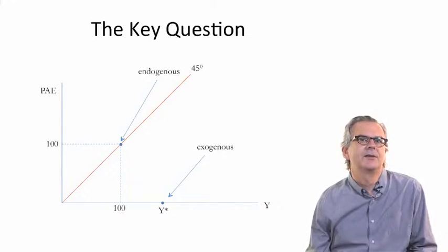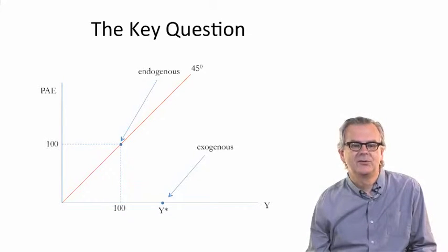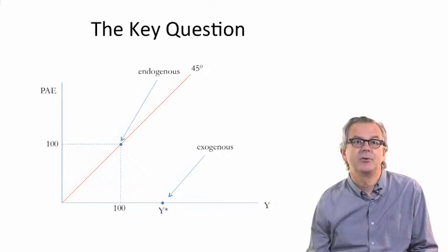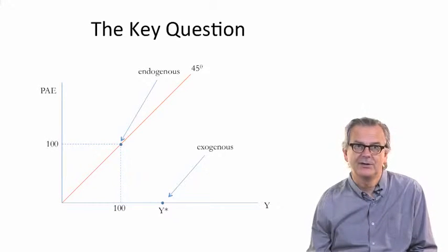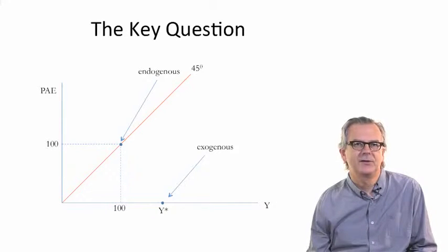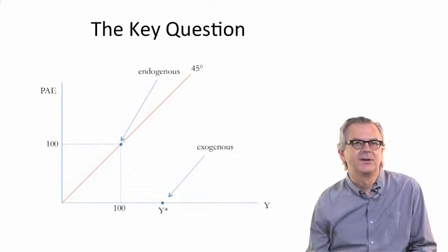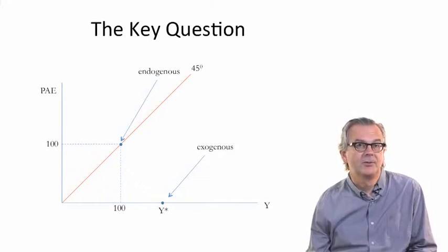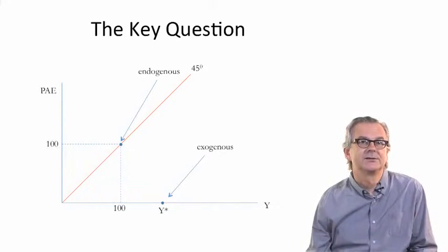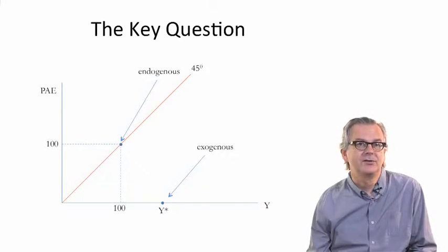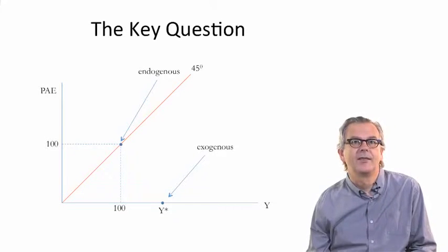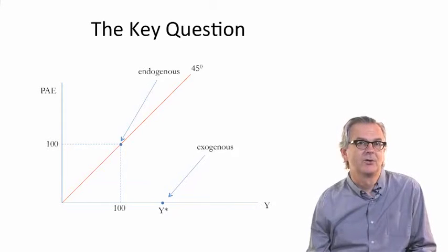And then a key concept that I introduced to you is this distinction between a variable that's exogenous and a variable that is endogenous. And you'll see that that distinction is absolutely crucial to understanding this particular approach to the business cycle. An endogenous variable is something that is determined within the model. Or to put it another way, the model provides us with an explanation of why the value of that variable is what it happens to be.